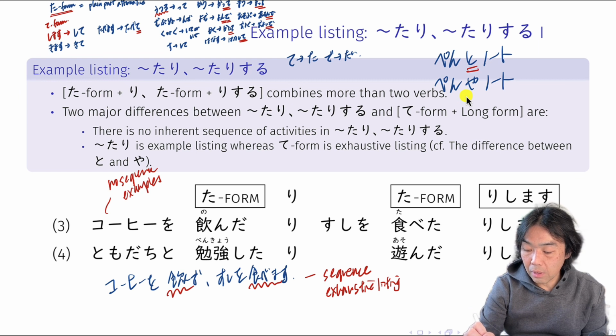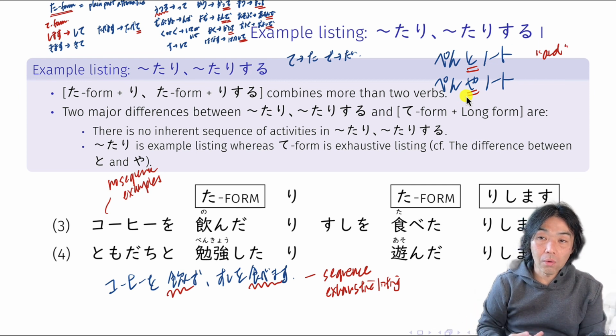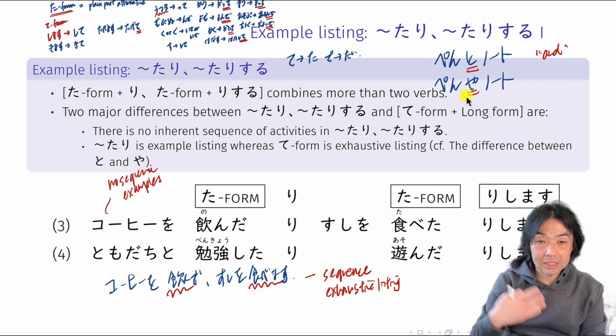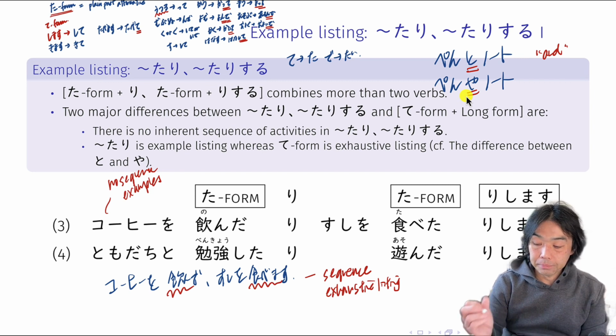So to and ya, both of them are "and" in English. So if you translate pen to noto, pen ya noto, they're all the same in English. But again, Japanese cares about the difference between example listing and exhaustive listing. And that's why we have two different "and"s, to and ya.